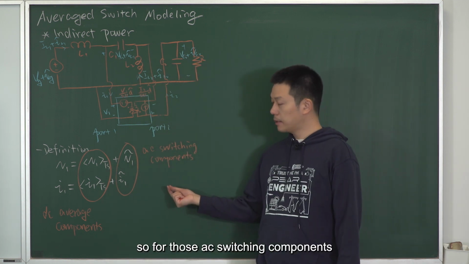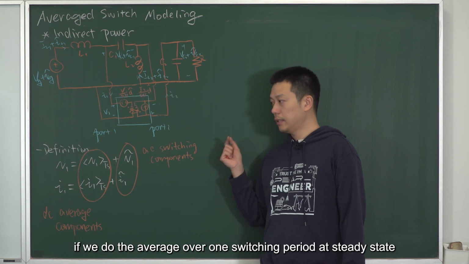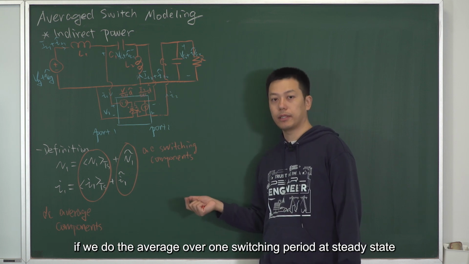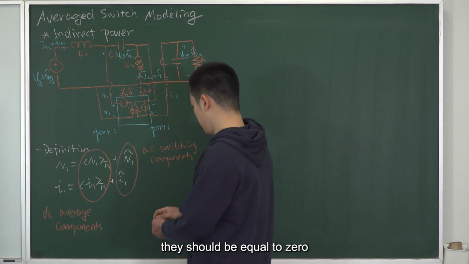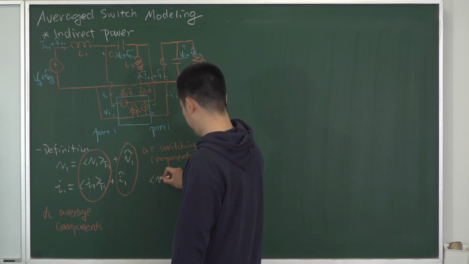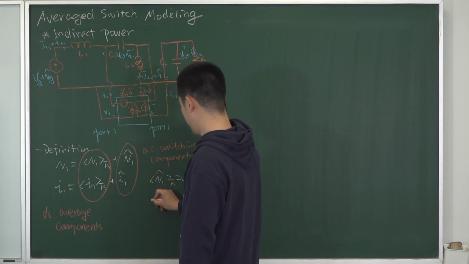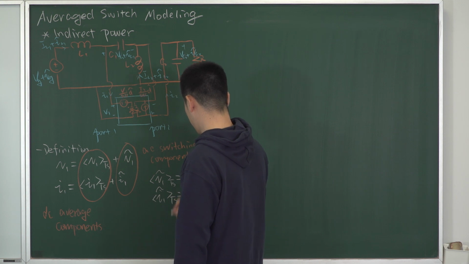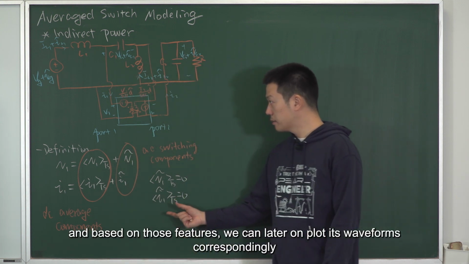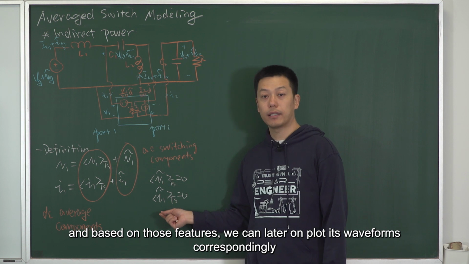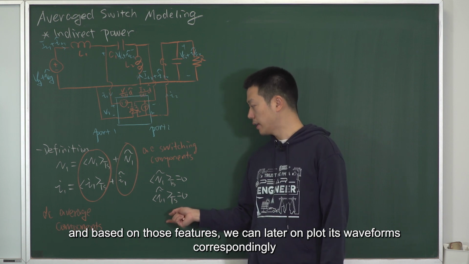So for those AC switching components, if we do the average over one switching period at steady state, they should be equal to 0.